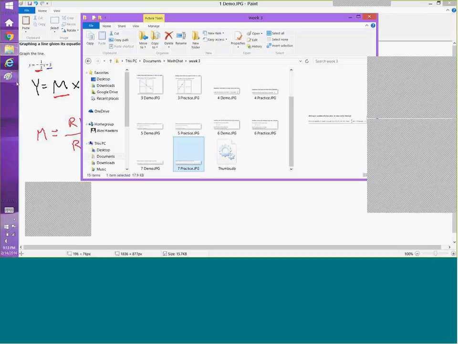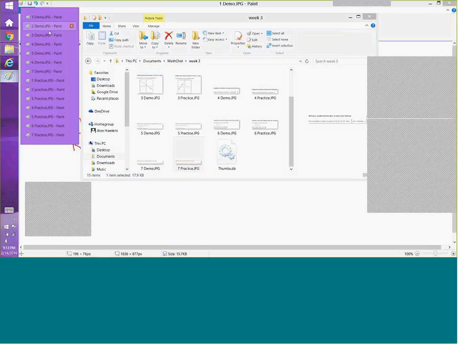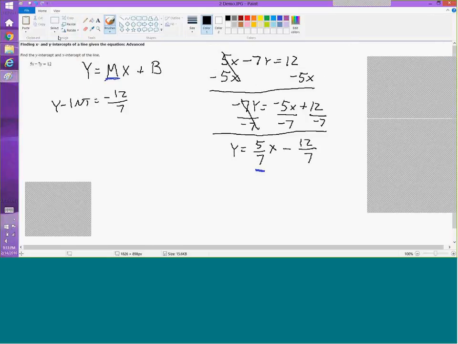So what I would do is make a little chart over here with x and y. For the y-intercept, x will equal 0. For my x-intercept, y will equal 0.